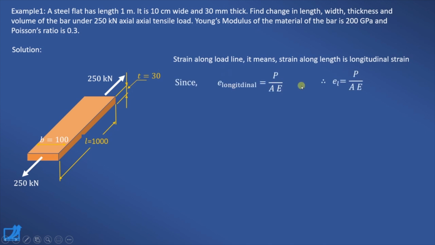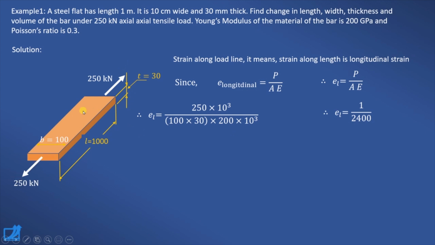So just put the values. Load is 250 into 10 raised to 3 Newton. Cross-sectional area with reference to this load is 100 into 30, and Young's modulus is given 200 GPa, that is 200 into 10 raised to 3 MPa, and this longitudinal strain is 1 divided by 2400.